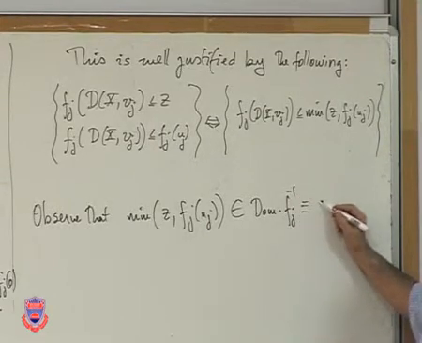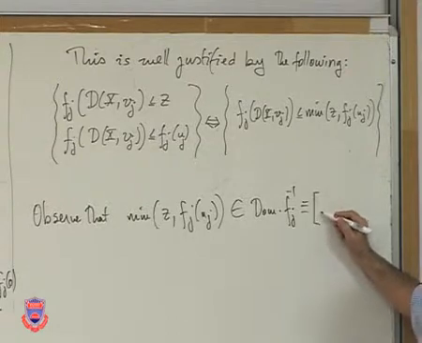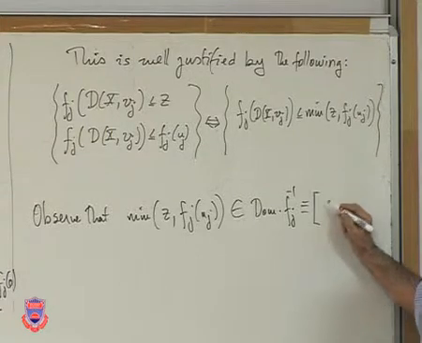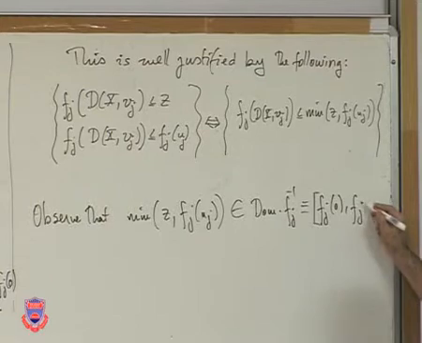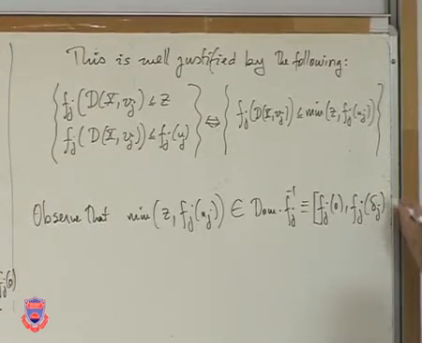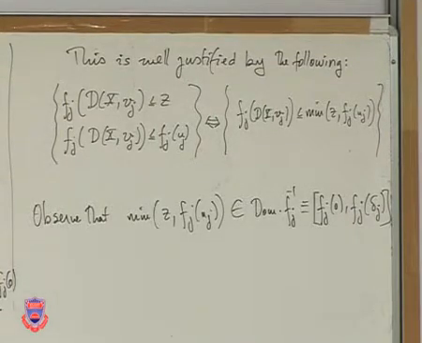What's the domain of fj inverse? fj0, fj delta j. Why is this true? Or is it?